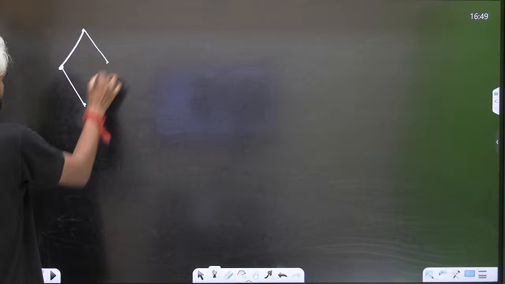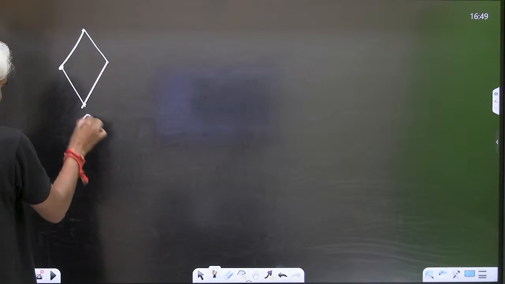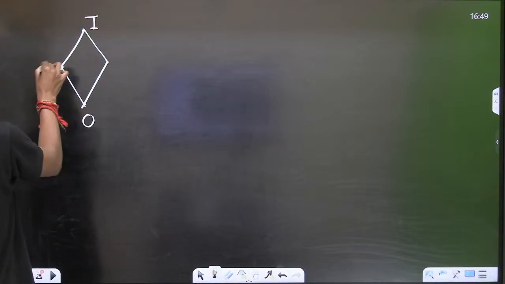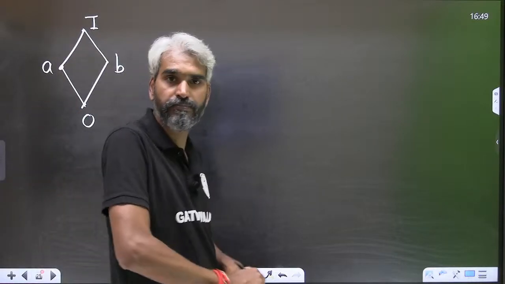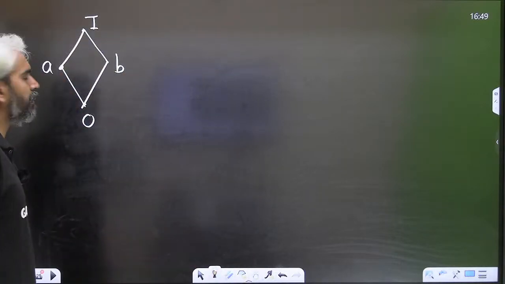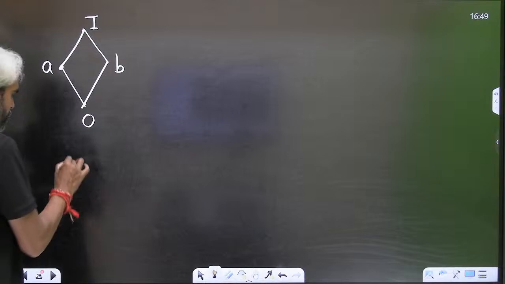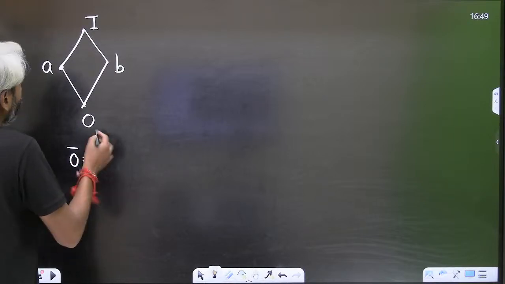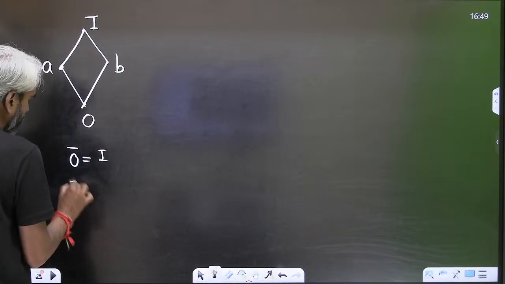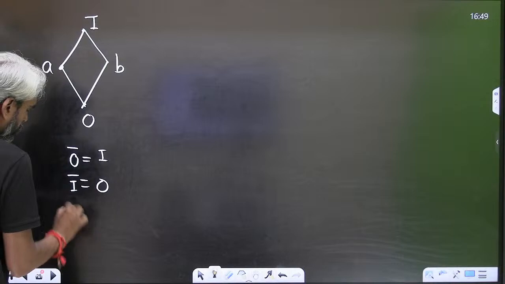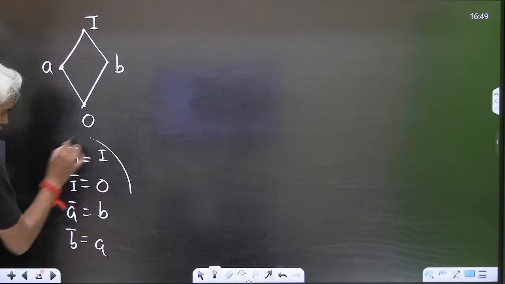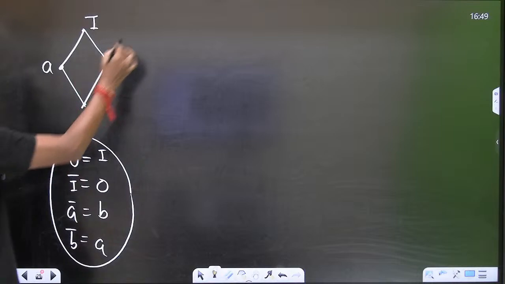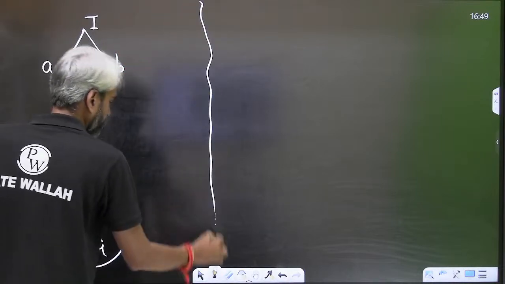Let me explain some other important things. Let's look at this. If I look at this, this is O, I, A, T. Is it a distributive lattice? Yes, sir. It is a distributive lattice. O complement is I, I complement is O, A complement is B. So every element has exactly one complement.